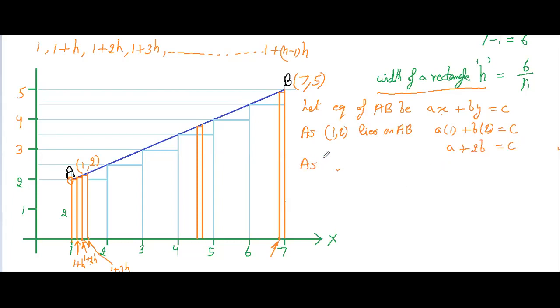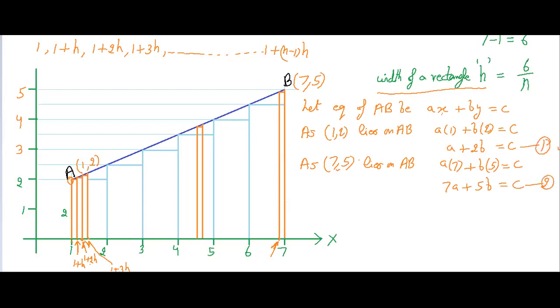As the second point B, 7, 5 lies on AB, we can take x equal to 7 and y equal to 5. So a into 7 plus b into 5 is equal to c, or 7a plus 5b equal to c. This is equation 1.